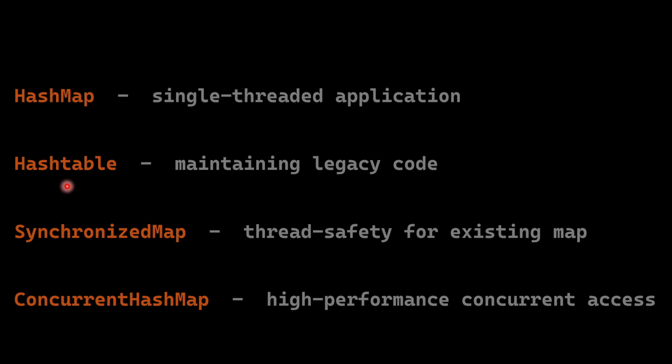Hashtable offers simple thread safety for legacy scenarios. SynchronizedMap adds thread safety to an existing map with client-managed iteration synchronization, and ConcurrentHashMap delivers high-performance concurrent access for modern applications. The right choice depends on your specific requirements for thread safety, performance, and iteration behavior.